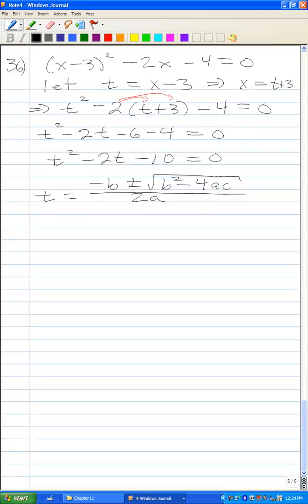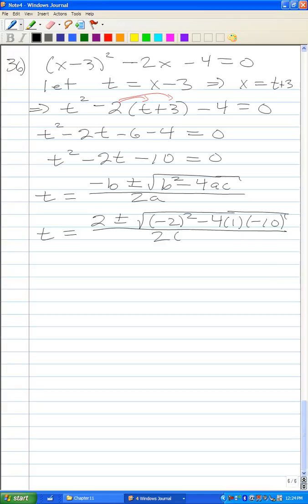And so I get t is equal to negative b plus or minus the square root of b squared minus 4ac all over 2a. So t is equal to 2 plus or minus the square root of negative 2 squared is 4. Negative 4 times 1 times negative 10 is plus 40, divided by 2.